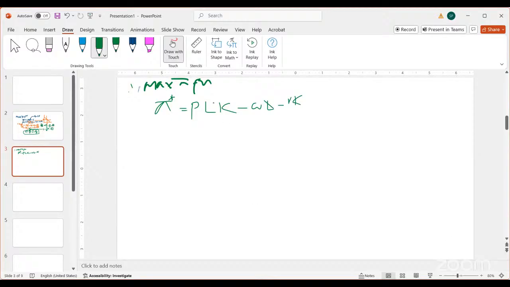Now we plug in this optimal value, which means L star and K star. Then you can get the maximum value profit function.